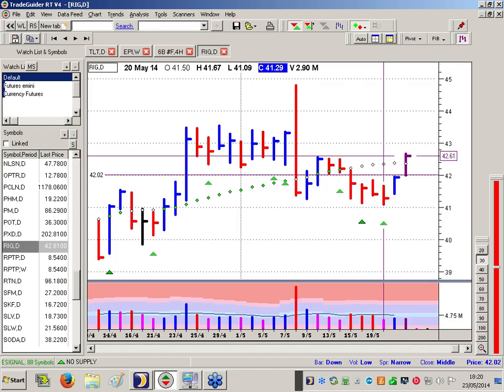The best position on RIG is to short the rally for a continuation down to be in alignment with distribution. I would say yes.